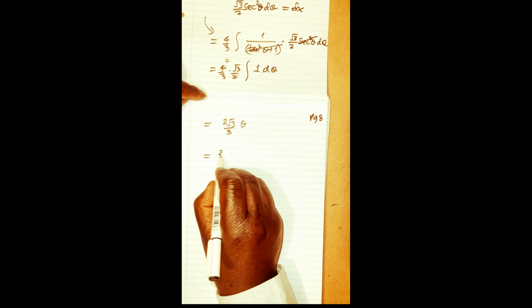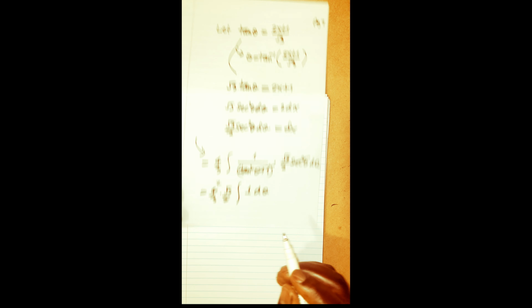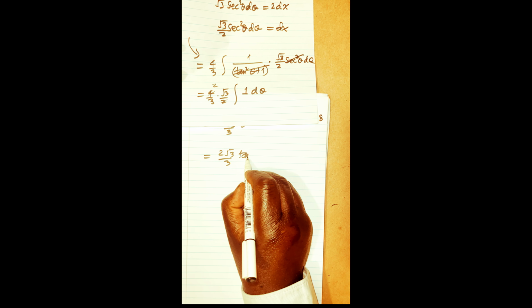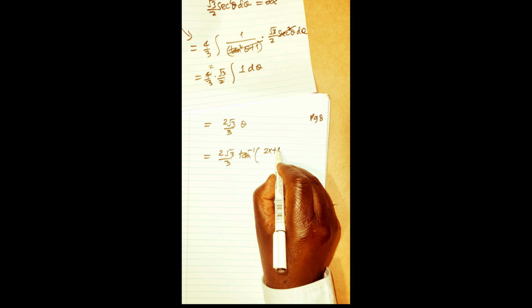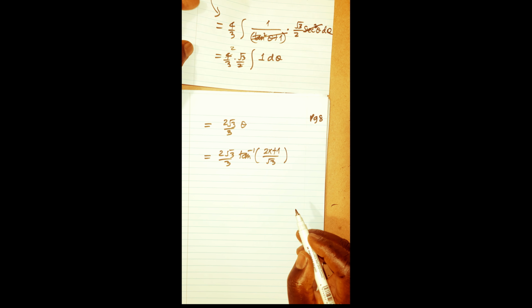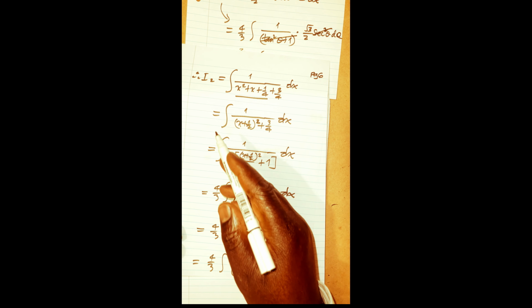Now this is 2 root 3 over 3. What is theta? Theta is here, tan inverse of (2x plus 1) over root 3. So this is tan inverse of (2x plus 1) over root 3. Fantastic. Now we have to move back. Remember, this is I2. We started from here. That's I2.